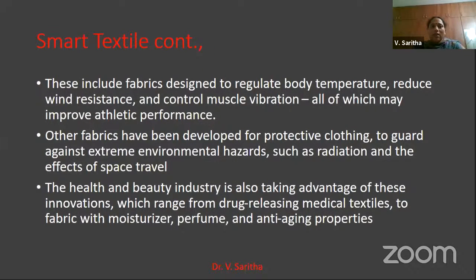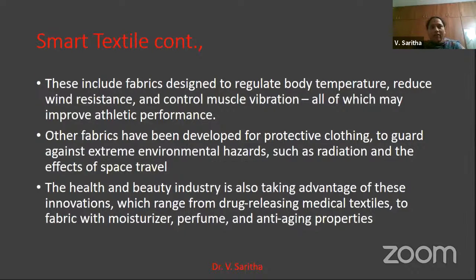Then these include fabrics designed to regulate body temperature, reduce wind resistance, and control muscle vibration, all of which may improve athletic performance. So some of the examples: regulate body temperature. What happens is when we are tensed, more sweat comes and our body becomes cool. Reduce wind resistance.